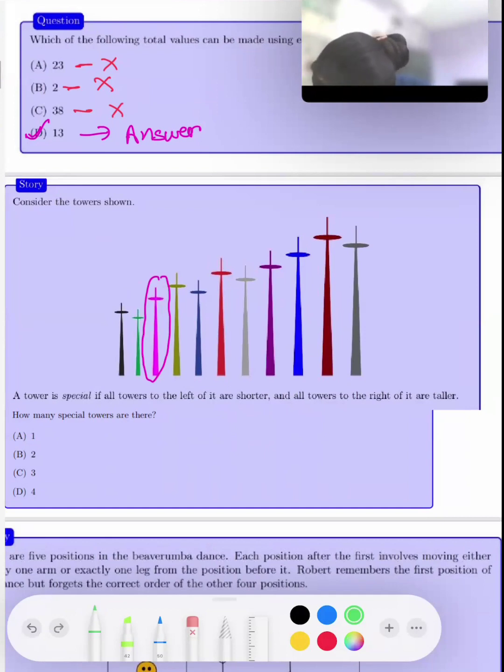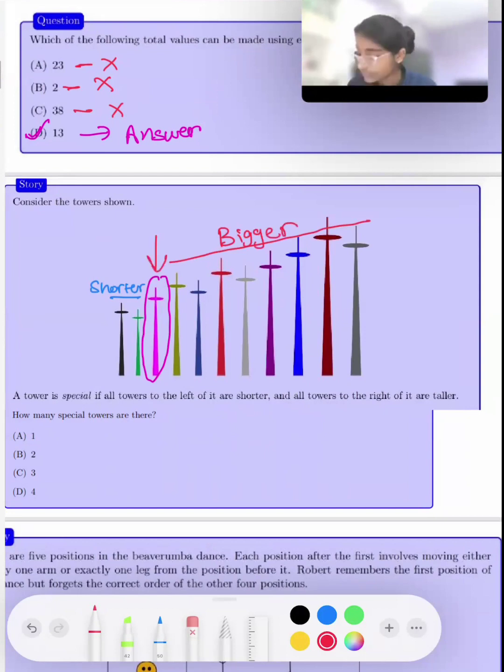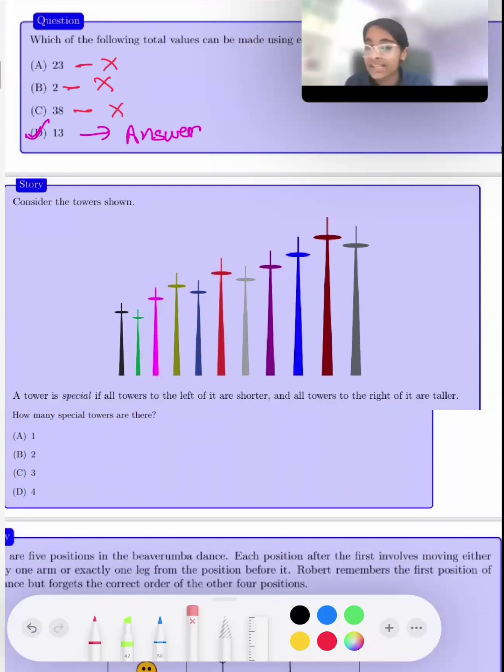These all towers should be shorter. And the towers to the right of it should be bigger than this one. So they're asking if this is true, then the tower is special.